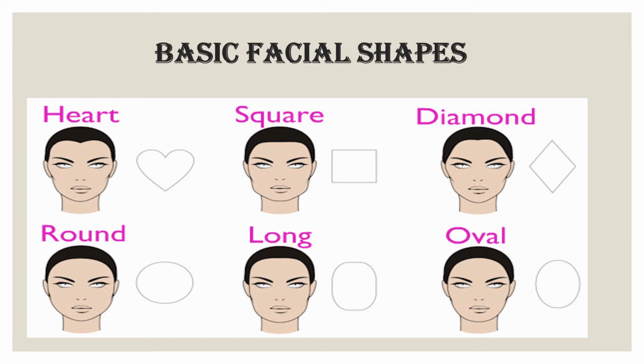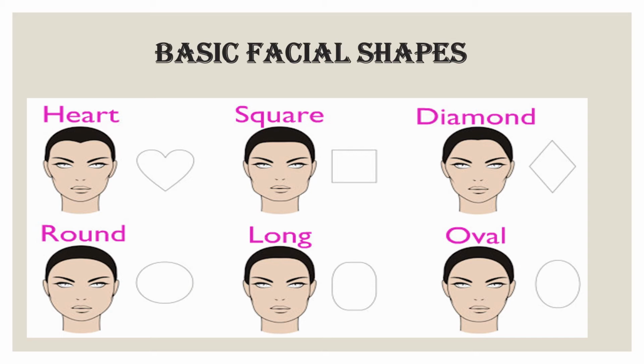Just before this slide, I gave you the names, right? So now here is a picture of different facial shapes. See, the first one is the heart shape, the second one is the square, third is the diamond, round, long and oval.